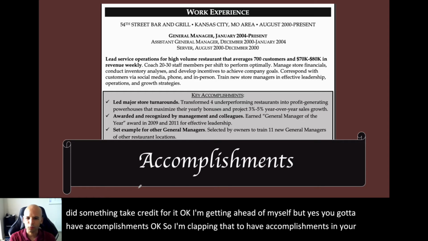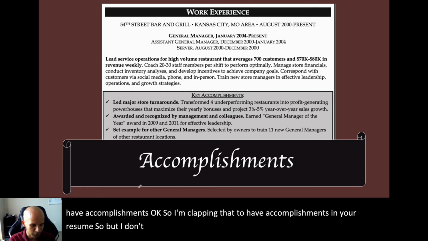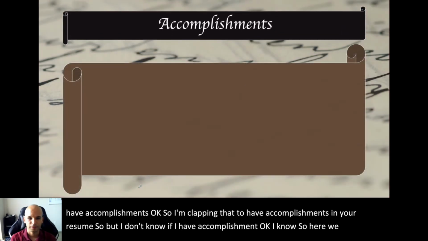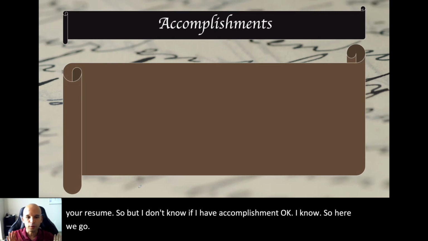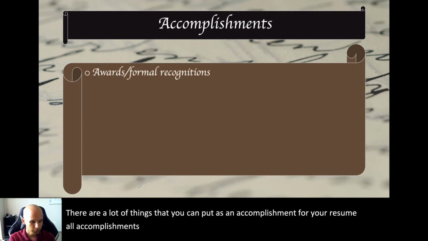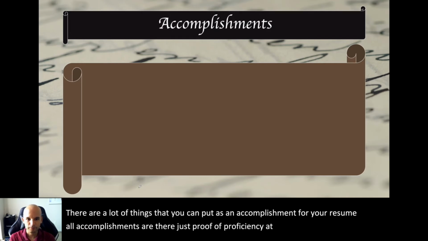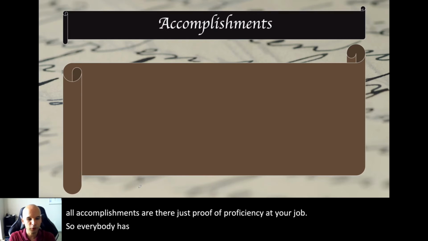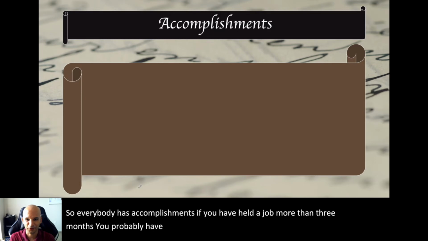But I don't know if I have accomplishments. Okay, I know. So here we go. There are a lot of things that you can put as an accomplishment for your resume. All accomplishments are just proof of proficiency at your job. So everybody has accomplishments. If you have held a job more than 3 months, you probably have accomplishments, okay?